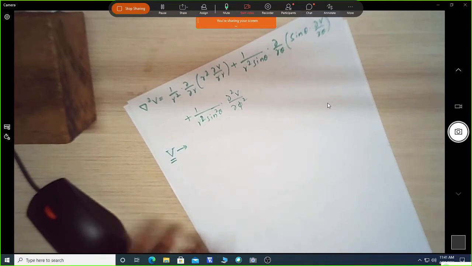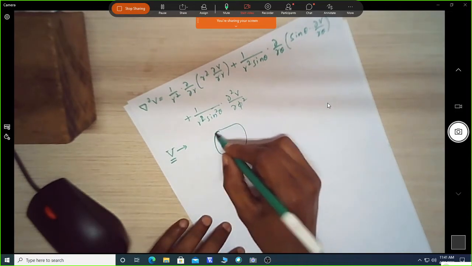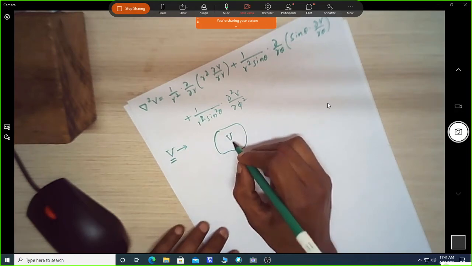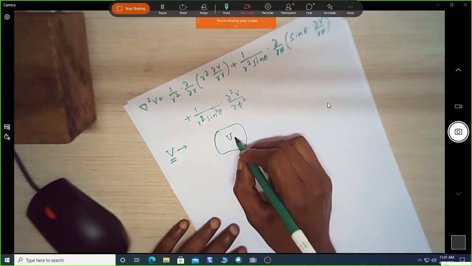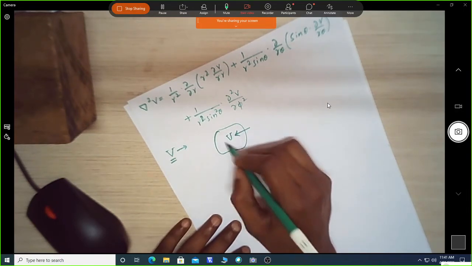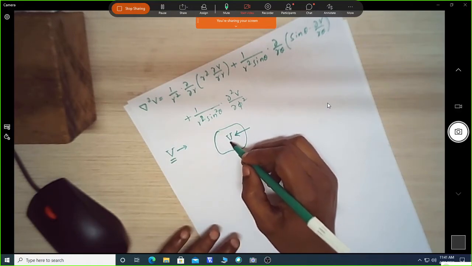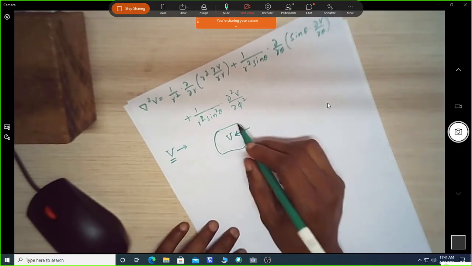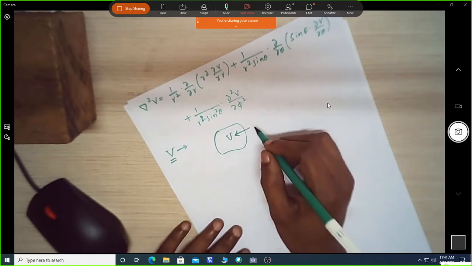So if I take some particular region, and in that region the scalar field has the harmonic component, and I apply the Laplacian to this harmonic component of the scalar field V in that region, then that will become 0.